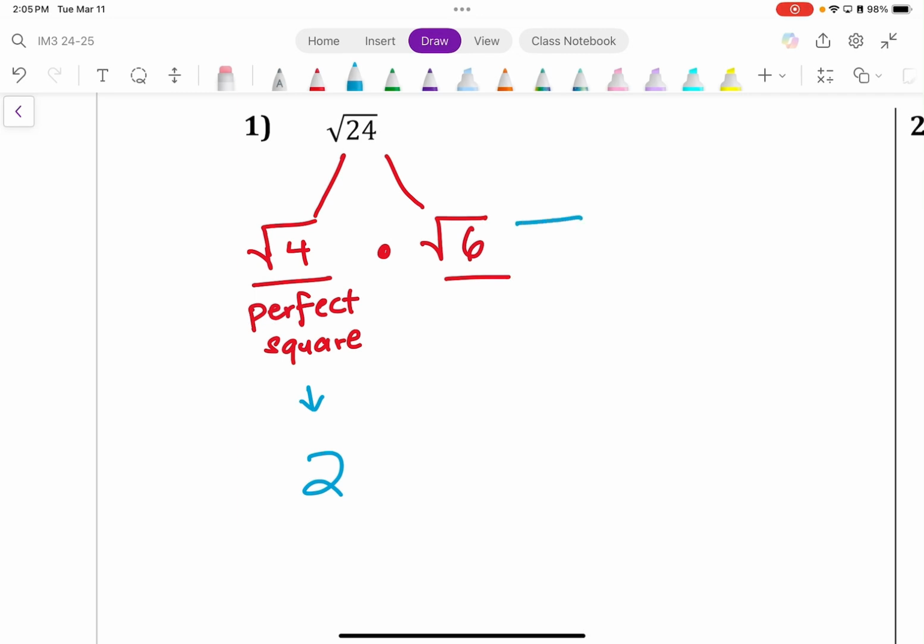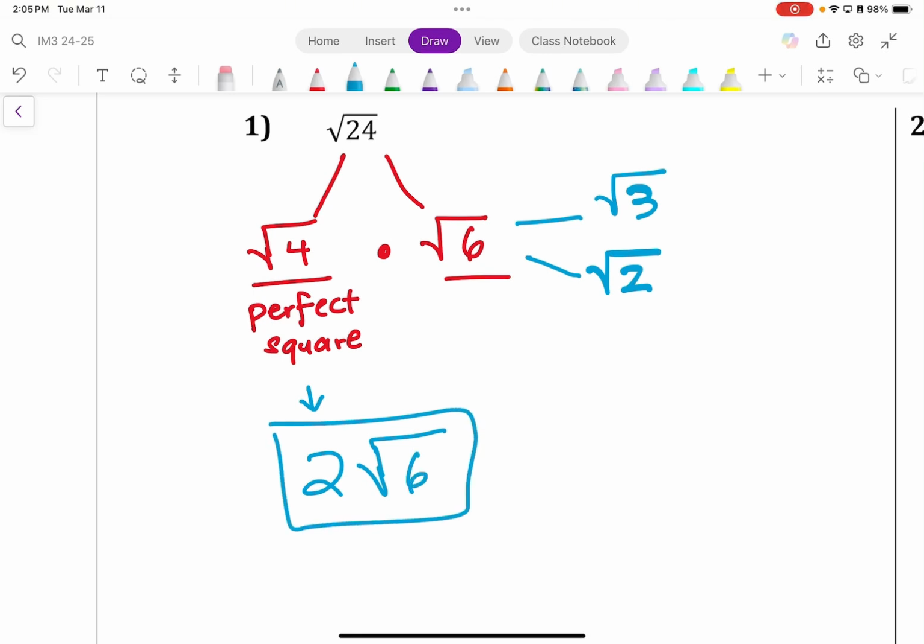If I try to break down 6 any further, I would get the square root of 3 times the square root of 2. Are either of those two perfect squares? No. So the square root of 6 will stay as the square root of 6 because it cannot be reduced.